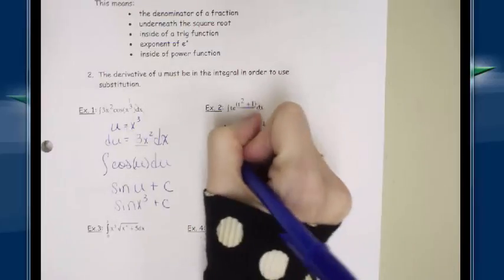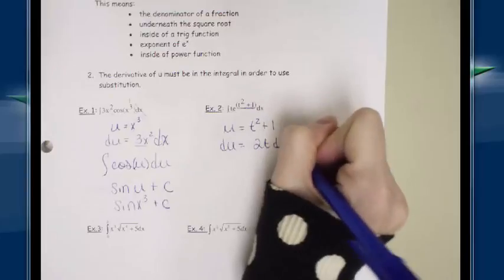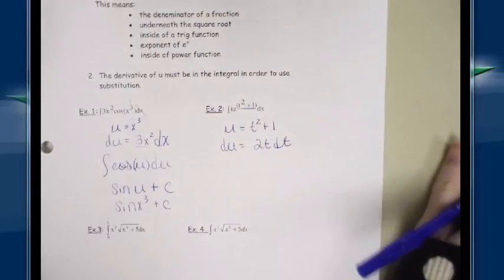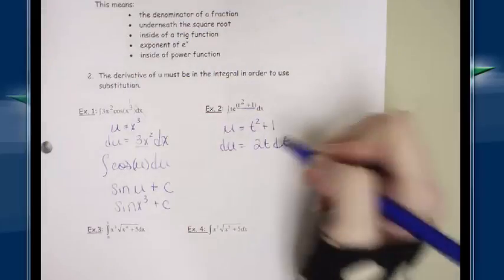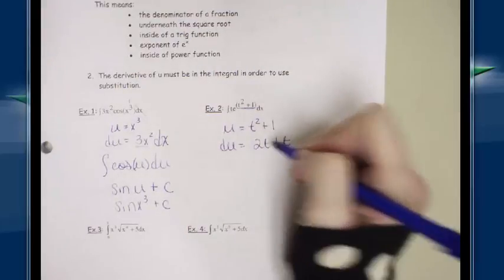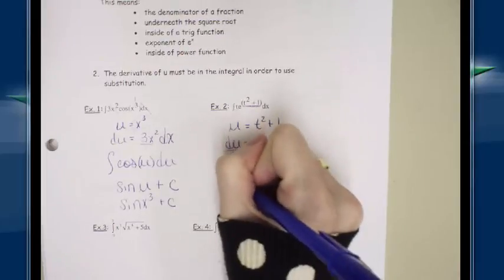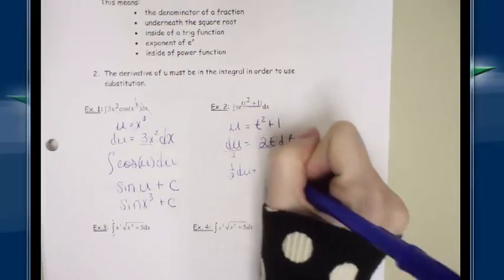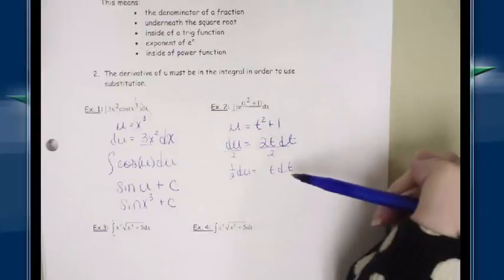Take the derivative, du is 2t dt. Now, I needed that t squared plus 1, that's why I used it. I need a t. I do not need this 2, so I'm going to divide out by 2. And now I have just the t that I want in the dt.